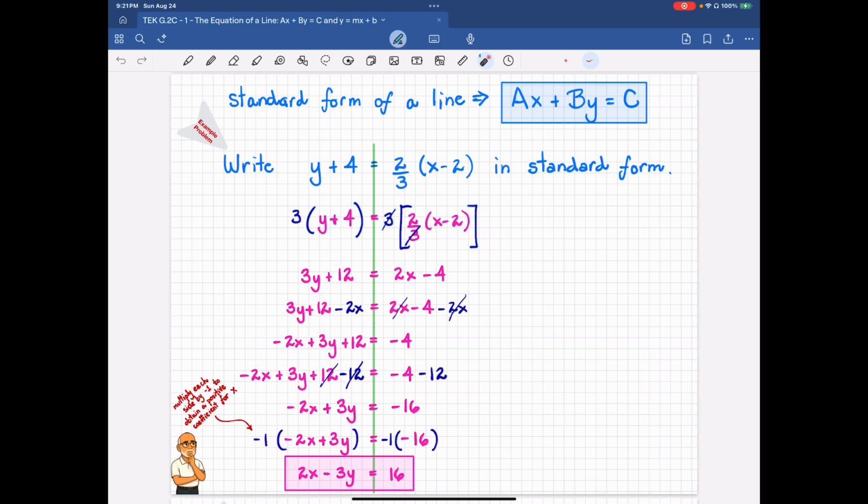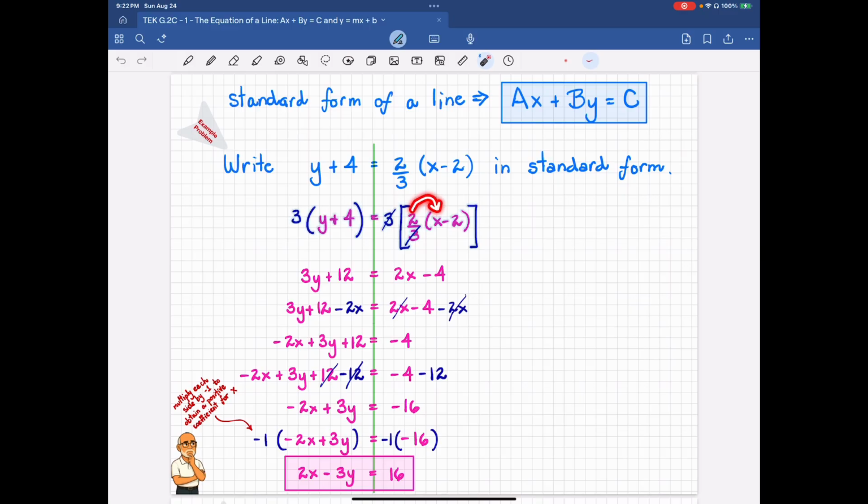We end up getting 3 times y plus 3 times 4 is going to be equal to 2 times x minus 2 times 2. 3 times y is 3y. 3 times 4 is your plus 12. Since the 3's have canceled out, it's like they're not there anymore, you have a distributive property.